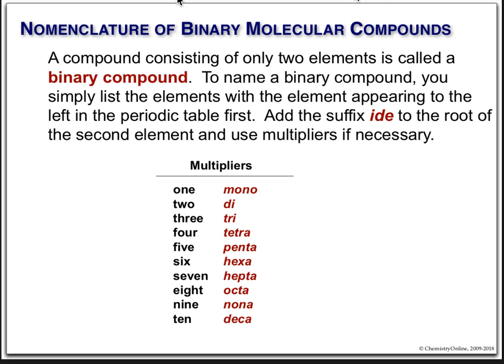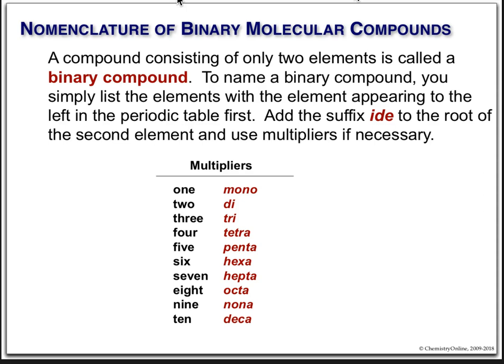Now you probably should know the one property here. You do not use mono for the first element if there's only 1. If there's 2 of our first element, you use di, 3, tri, etc. But you never use mono for the first element. Aside from that, that's the only rule you have to remember.